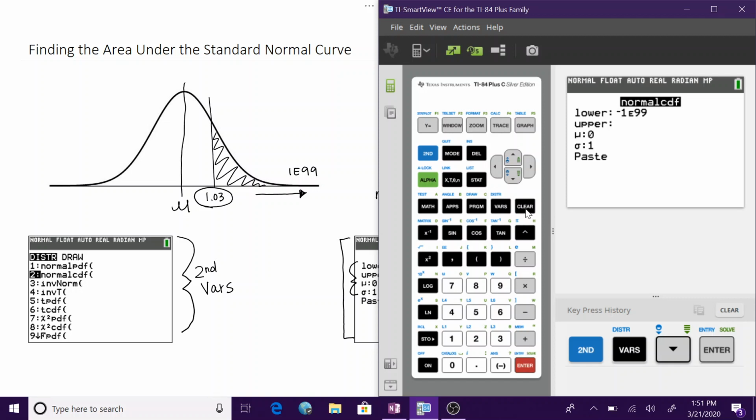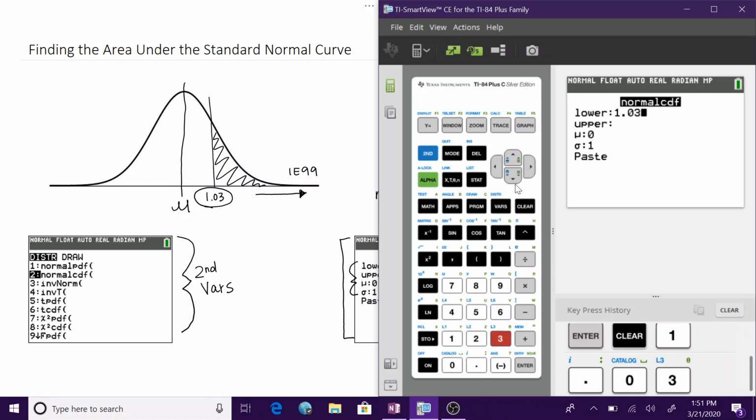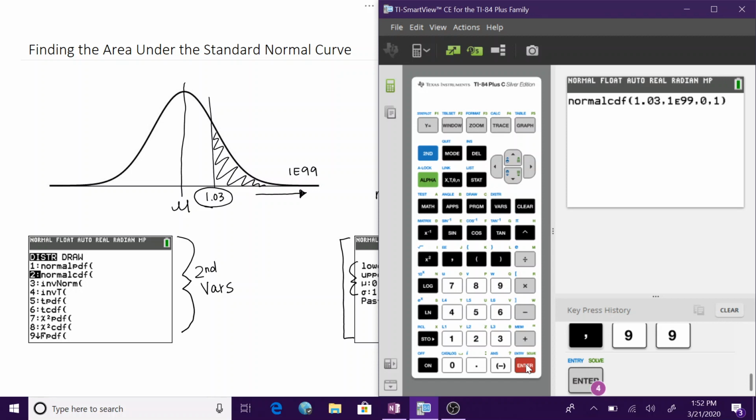So we're going to clear that negative 1e99 out and choose our lowest number, which was 1.03. And then our upper bound number, which is going to be infinity. Infinity is given by doing 1 second, comma, 99. And again, our mean is 0 and our standard deviation is 1 because we're dealing with our standard normal curve.